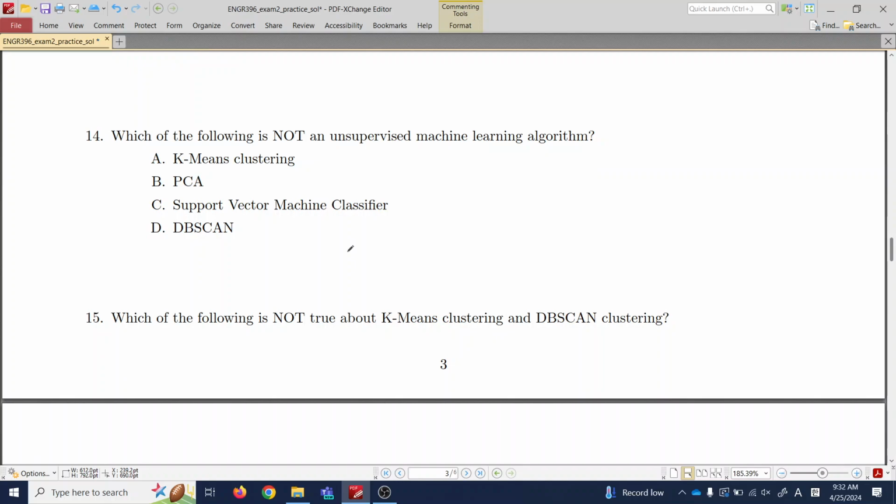Okay, which of the following is not an unsupervised machine learning algorithm? Okay, what is an unsupervised machine learning algorithm? Can you explain to me? Unsupervised just means not supervised, right? But of course, somebody has to run the machine learning, so of course somebody's doing the work. What do you mean unsupervised?